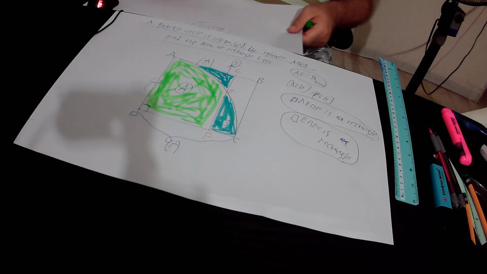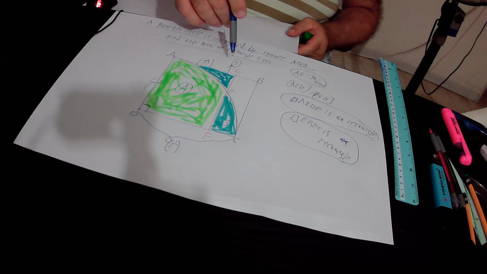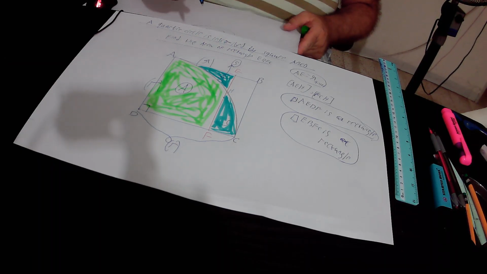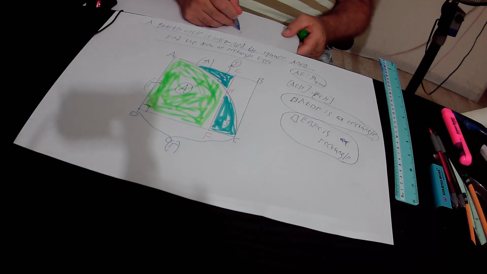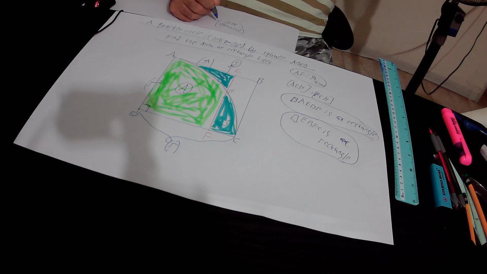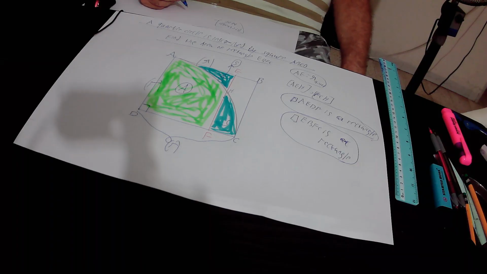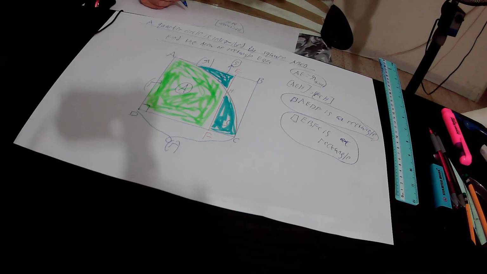So what is the area of this rectangle AEDF? We know that the area of any rectangle is equal to the length of the rectangle times the width.